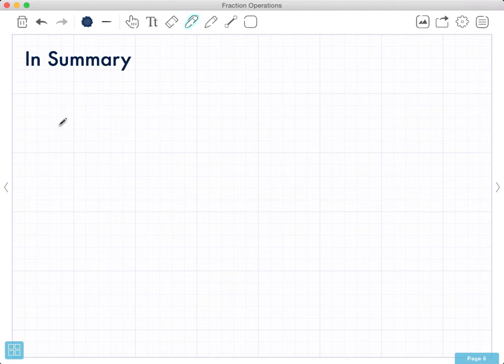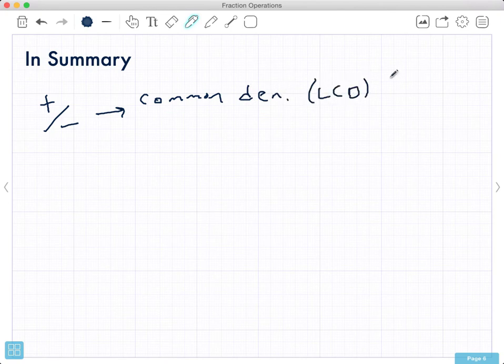So in summary, adding or subtracting, you need a common denominator, sometimes called LCD by your teacher for lowest common denominator, and then you add or subtract the tops, and you leave the denominator.